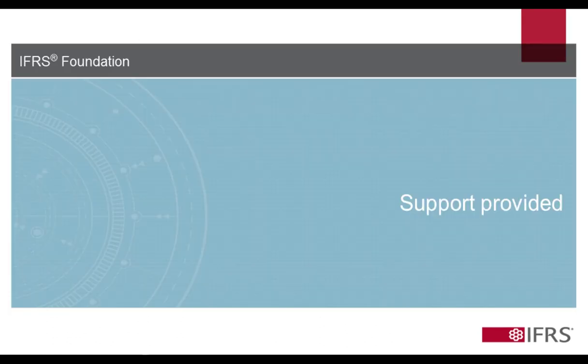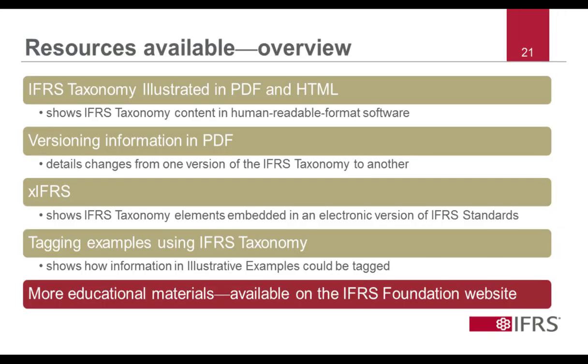Now, what I would like to talk about is a little bit about the support that we are providing in viewing the IFRS taxonomy in different formats to accommodate different needs of the users of the IFRS taxonomy. On slide 21, there is a summary showing that the IFRS taxonomy can be viewed in a number of different ways.